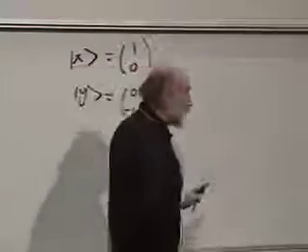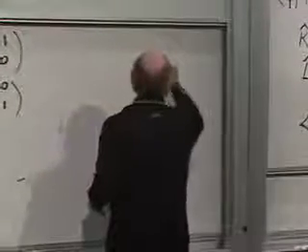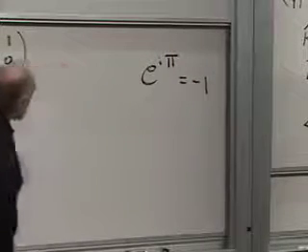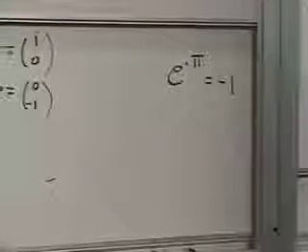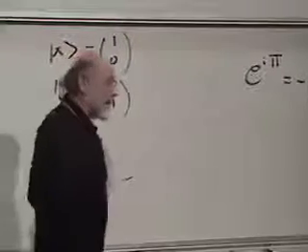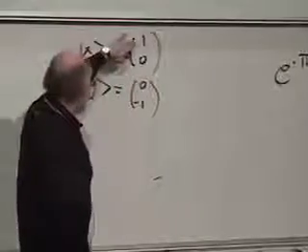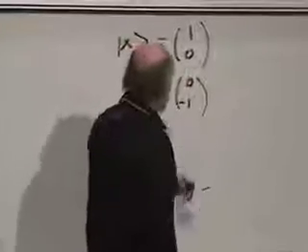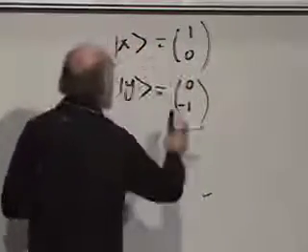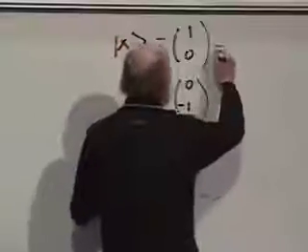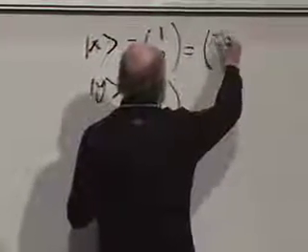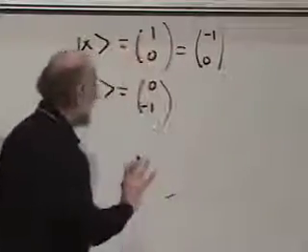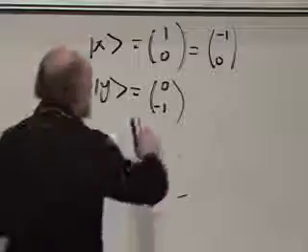Multiplying by minus 1 is multiplying by a phase. e to the i pi is equal to minus 1. So a special case of multiplying a state by a phase is just to multiply the whole state by minus 1. I could have done it with x also. It doesn't matter. All of these are physically identical. This is physically identical to minus 1, 0. It is also physically identical. I shouldn't put equals. They're not equal as vectors.